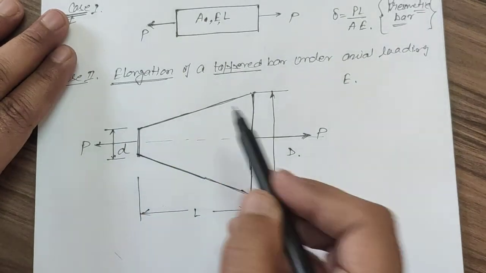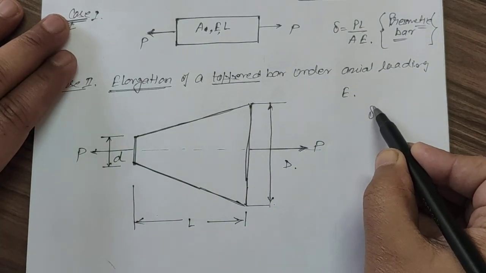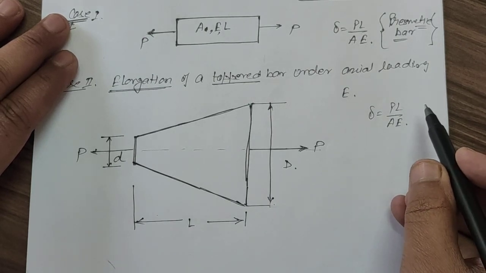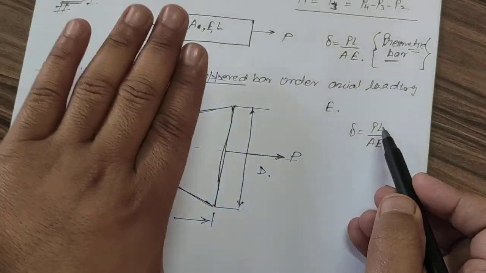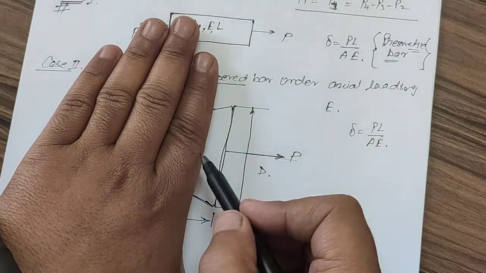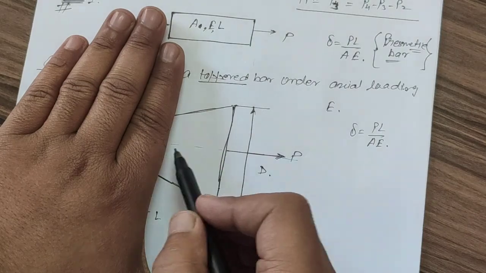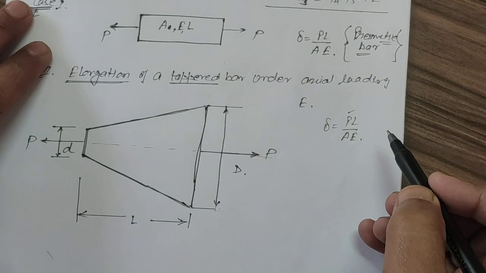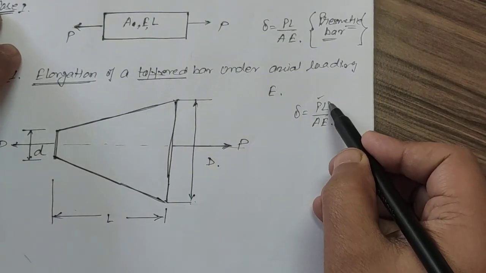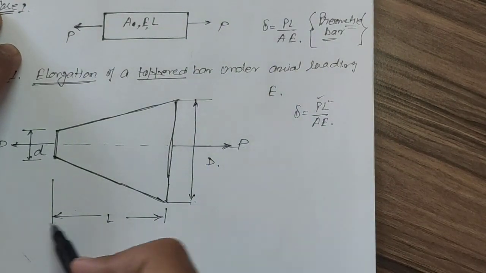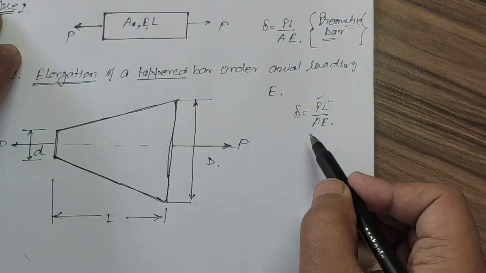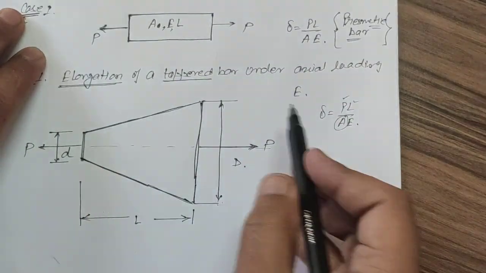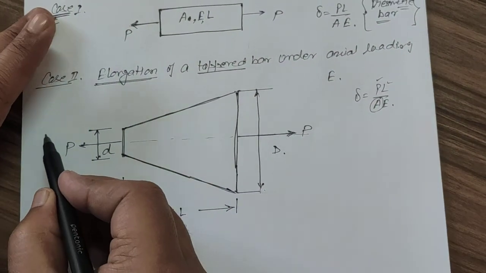Our formula is delta equals PL divided by AE. If we take this section, load P is acting here and again load P is acting here, so the load will remain the same. The length of the member, we have taken L, is also constant. Now the cross sectional area is varying.